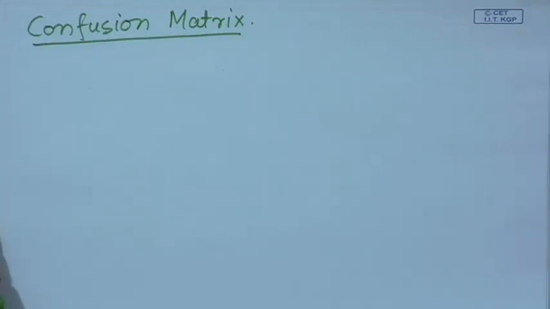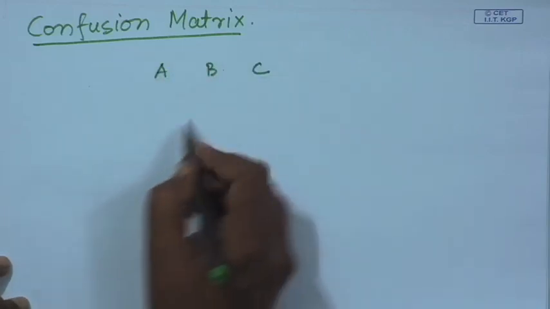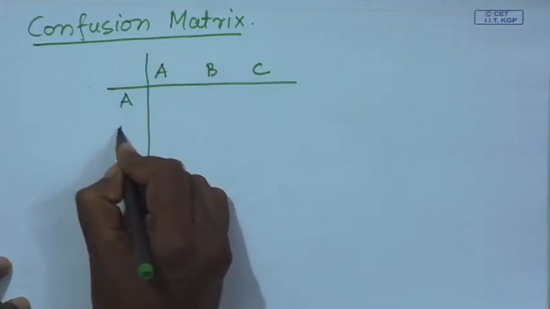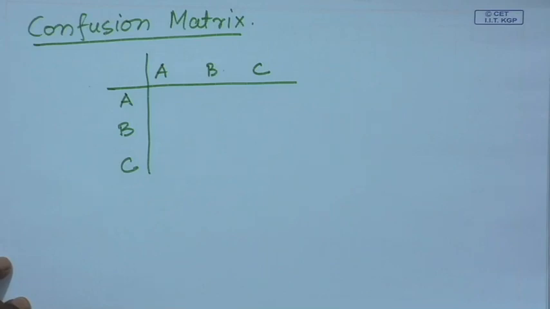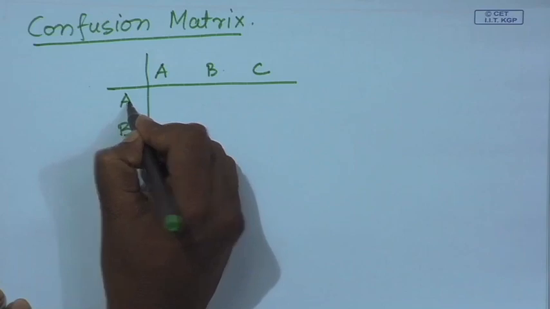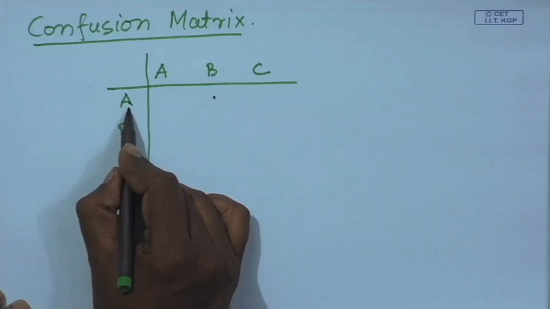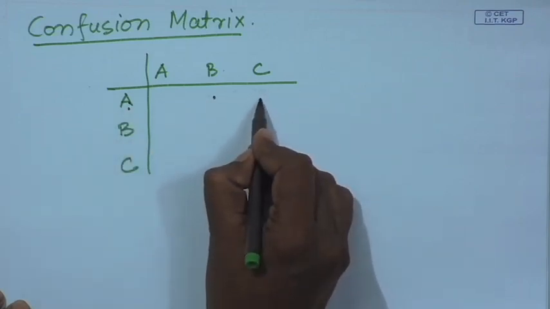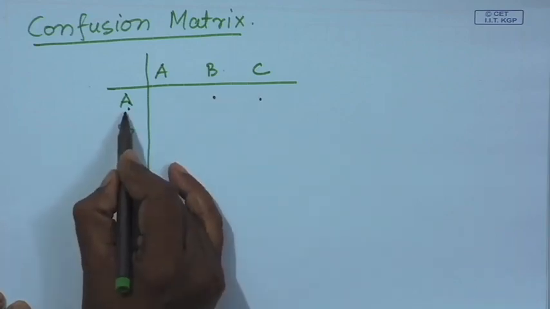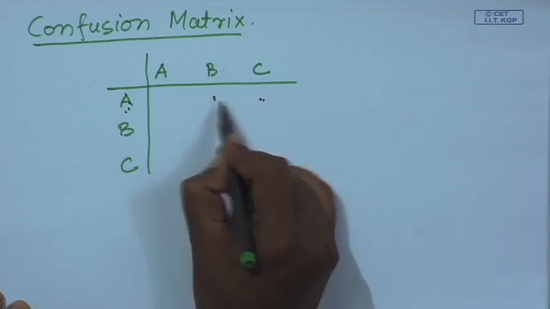The confusion matrix says that suppose I have got three different classes, class A, class B, class C, and the confusion matrix is plotted in this manner, A, B, C. It simply says how many samples belonging to class A have been classified as class B, how many samples belonging to class A have been classified as class C. So, these are actually wrong classifications. The sample actually belongs to class A, but it has been classified as class B or class C.